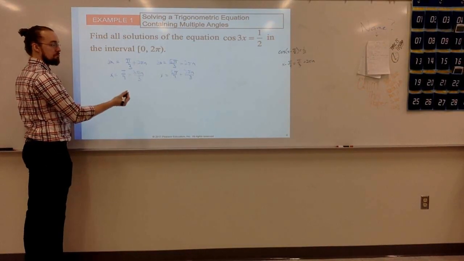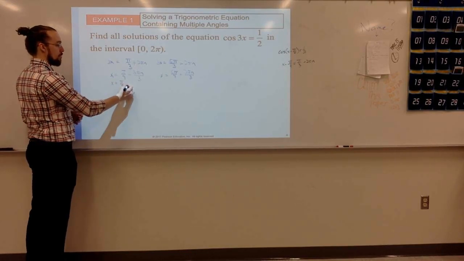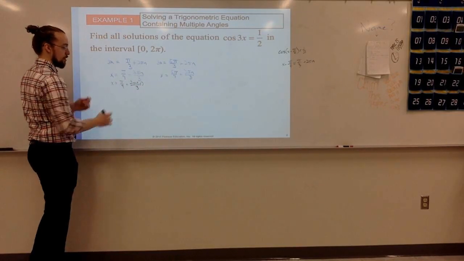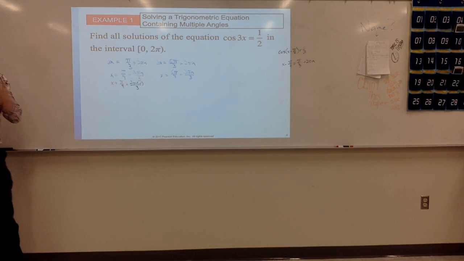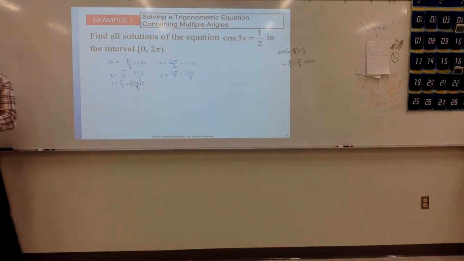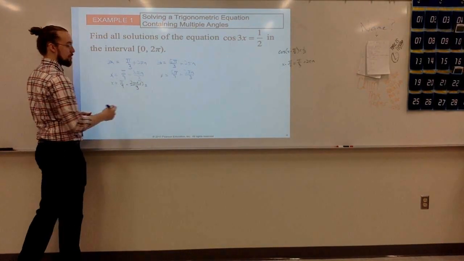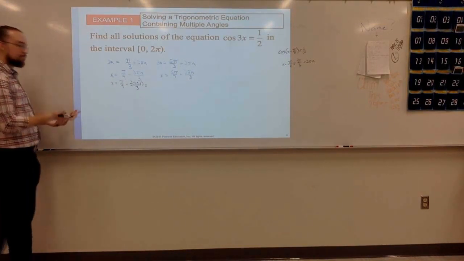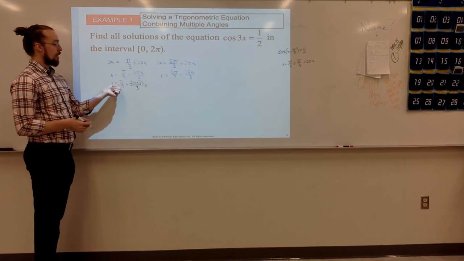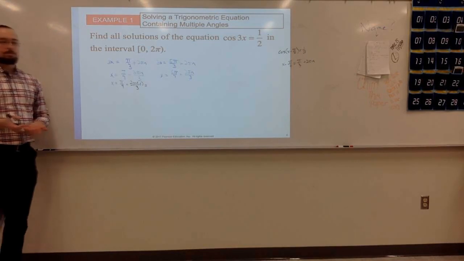So if I plug in -1, we have pi over 9 plus 2 pi times -1 over 3, or pi over 9 minus 2 pi over 3. You can use a calculator to do the fractions if you want. If you do it by hand, this would end up being pi over 9 minus 6 pi over 9.